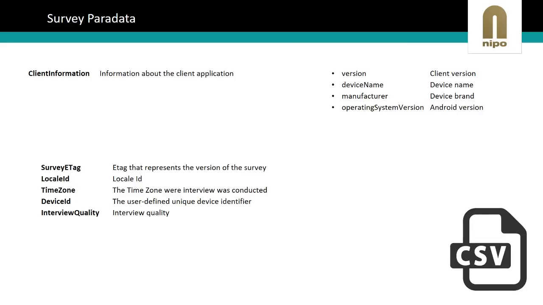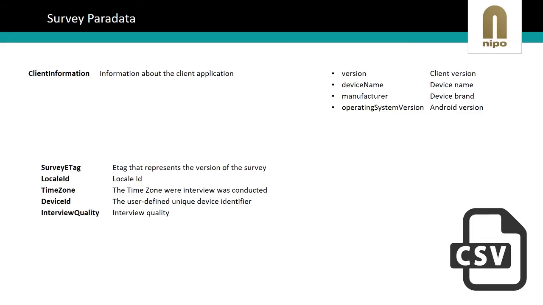So this info is really useful, and you can understand if all your interviewers are updating the devices, and not only the client version but the OS, the Android version. Sorry. A couple more fields.